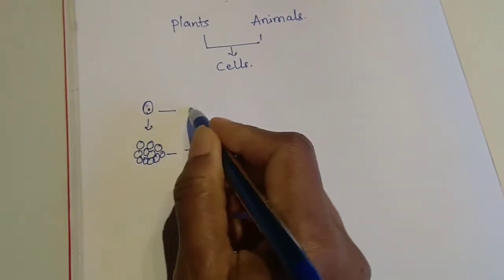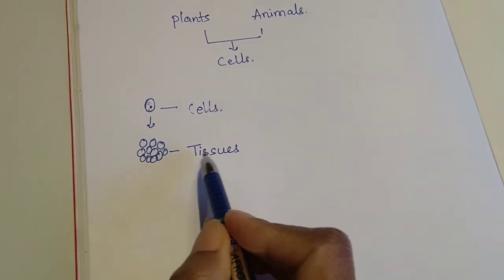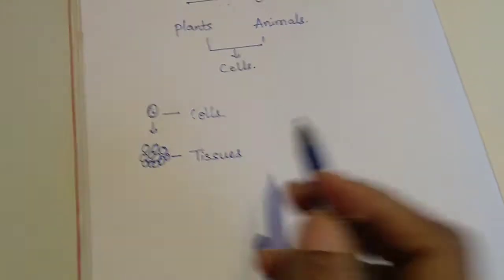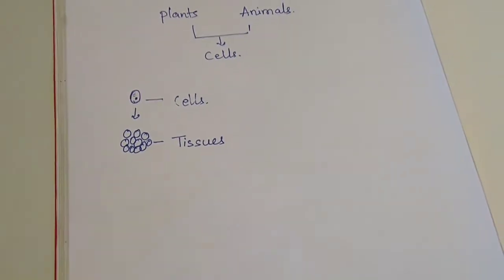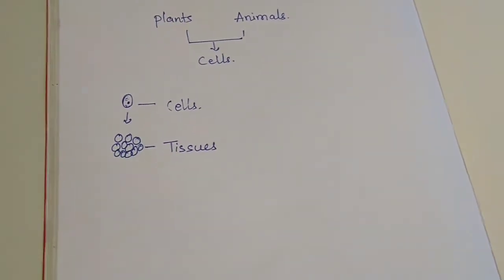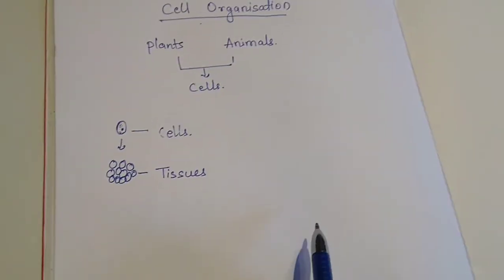So these cells join together in group to form a particular tissue. There are different types of tissues in different types of living organisms. So different types of cells join together to form different types of tissues.